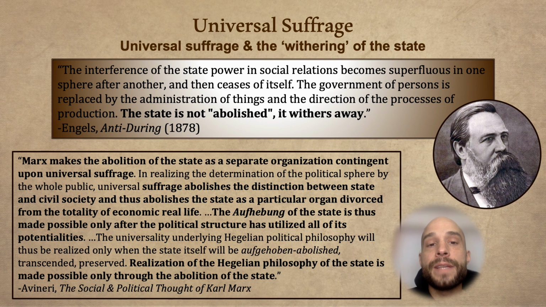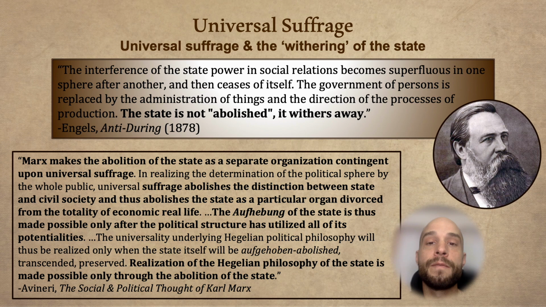Now, here is Avineri interpreting and deepening this argument. He writes, "Marx makes the abolition of the state as a separate organization contingent upon universal suffrage. In realizing the determination of the political sphere by the whole public, universal suffrage abolishes the distinction between state and civil society, and thus abolishes the state as a particular organ divorced from the totality of economic real life.